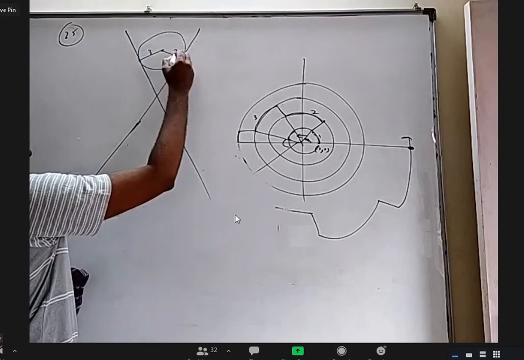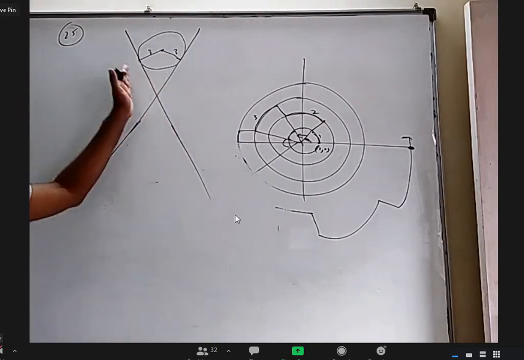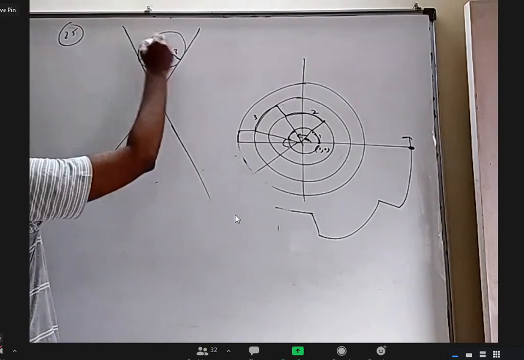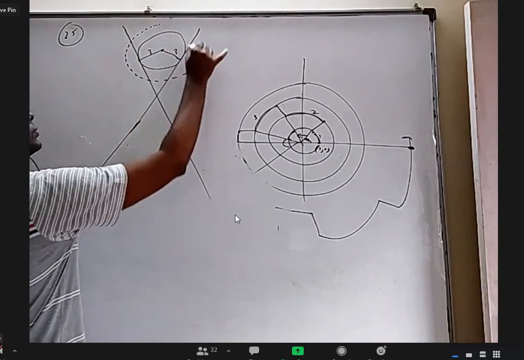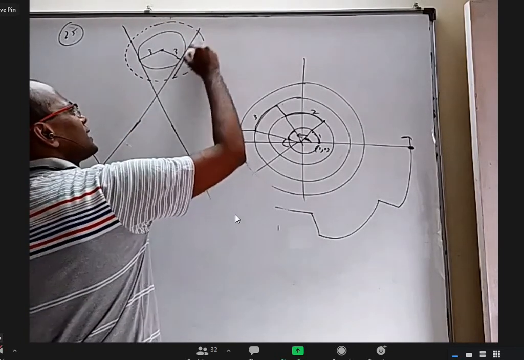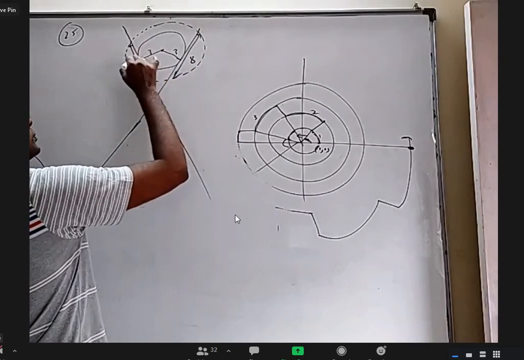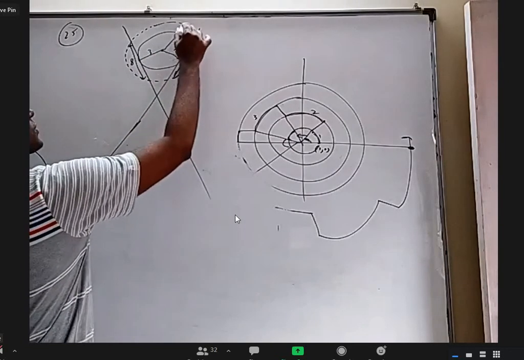This is 3 units, this is 3 units. Now, there is a circle concentric to this circle, such that the chord length on both the lines is 8 here and 8 here. What is the radius of that circle?